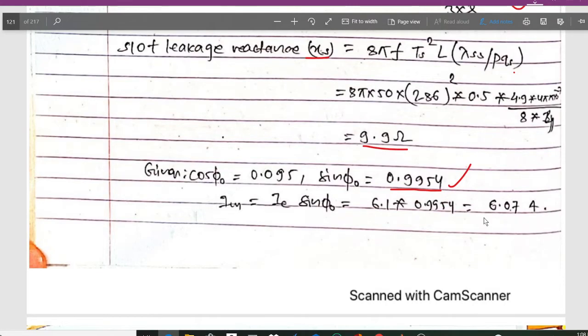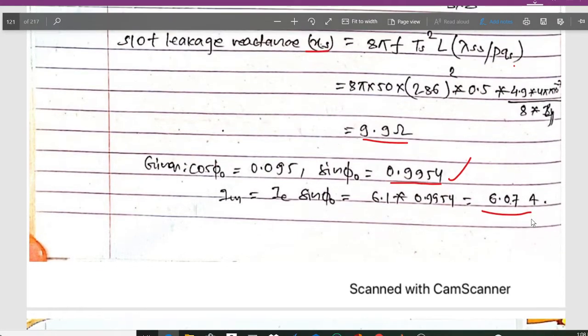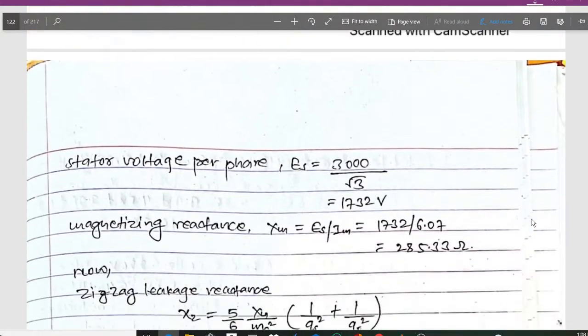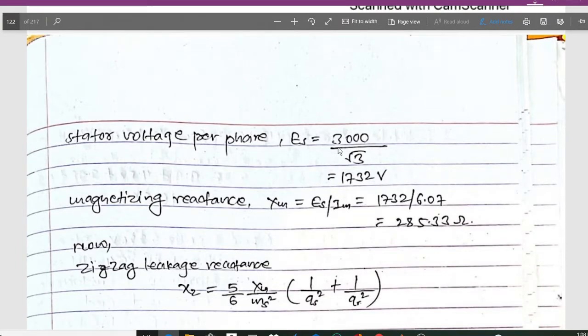So Im is 6.07 ampere. The stator voltage per phase Es will be 3000 upon root 3, so 1732 volt, and the magnetizing reactance Xm will be Es upon Im, which is 285.33 ohms.